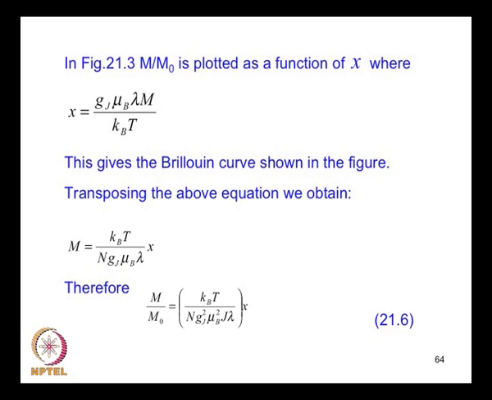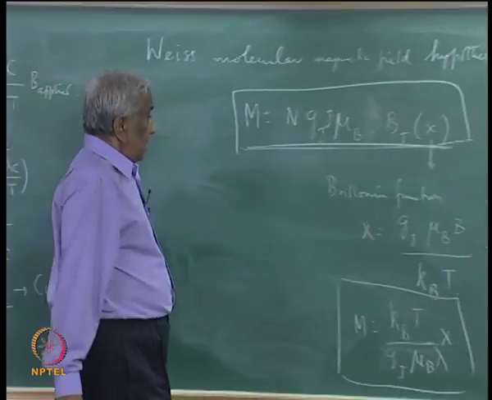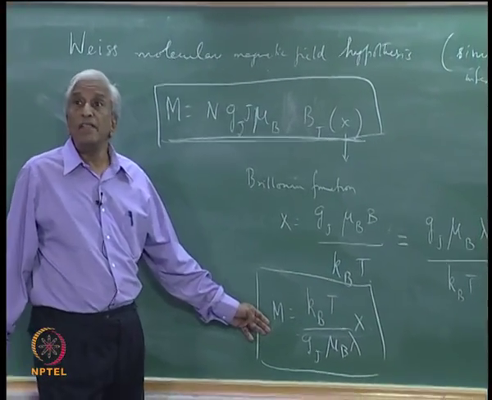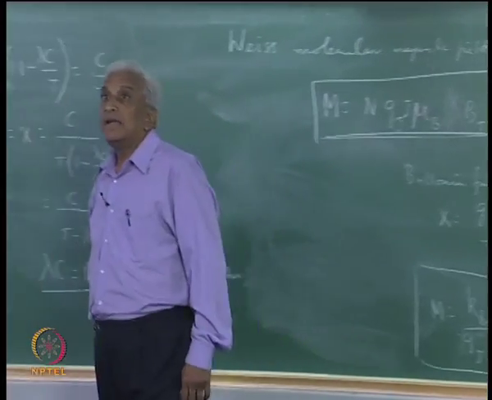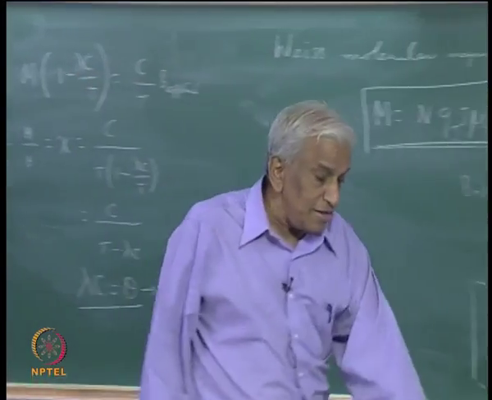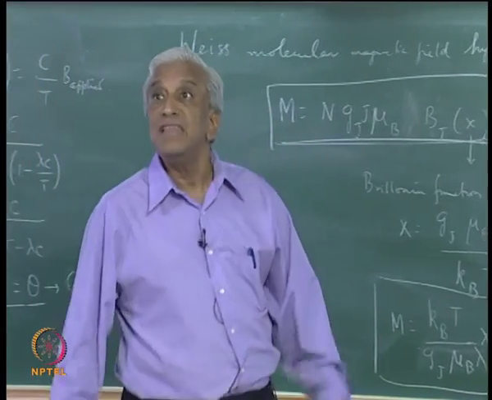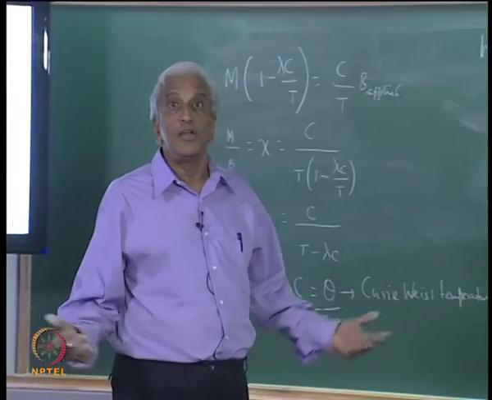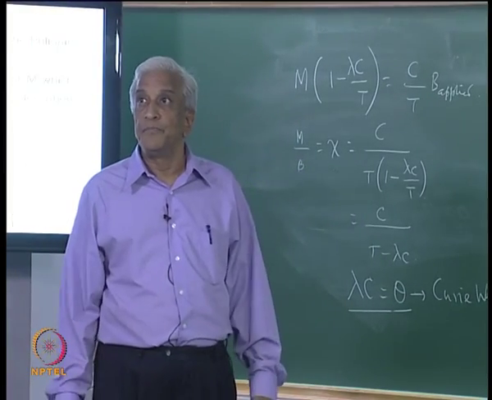So, I have two equations now for the magnetization. One according to the well known Brillouin function dependence, which we derived earlier, the last time, and we also have another relation for the magnetization via the molecular field. So, both of these have to be satisfied when there is such a Weiss molecular field present.